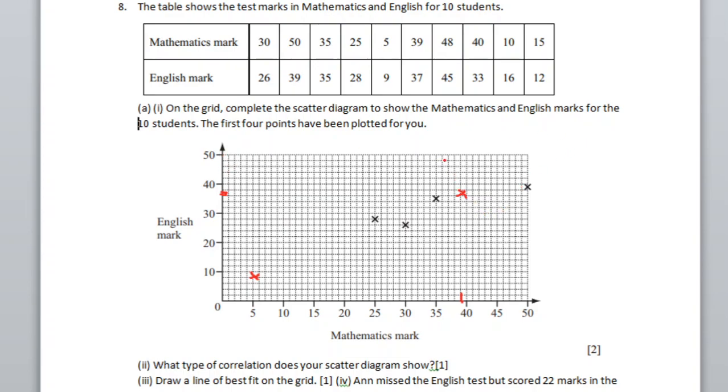So this is 48 comma 45. Next we need to plot 40 comma 33. So here is 40 and 33 will be 1.5 box above this.